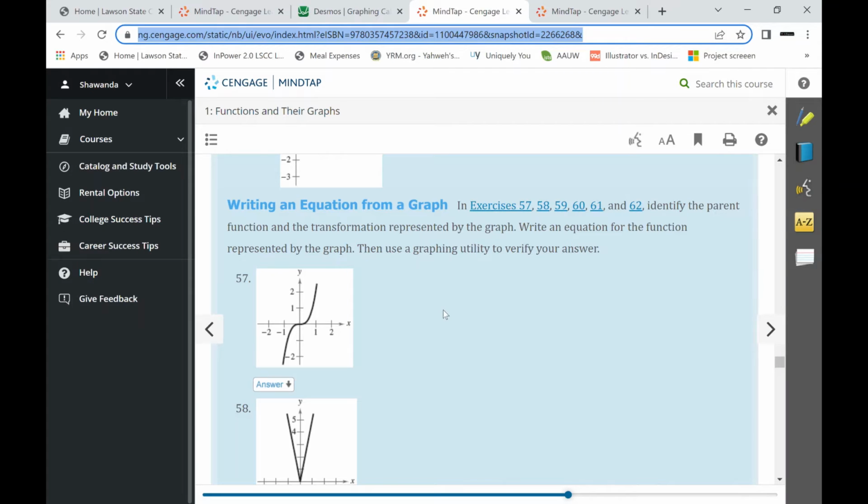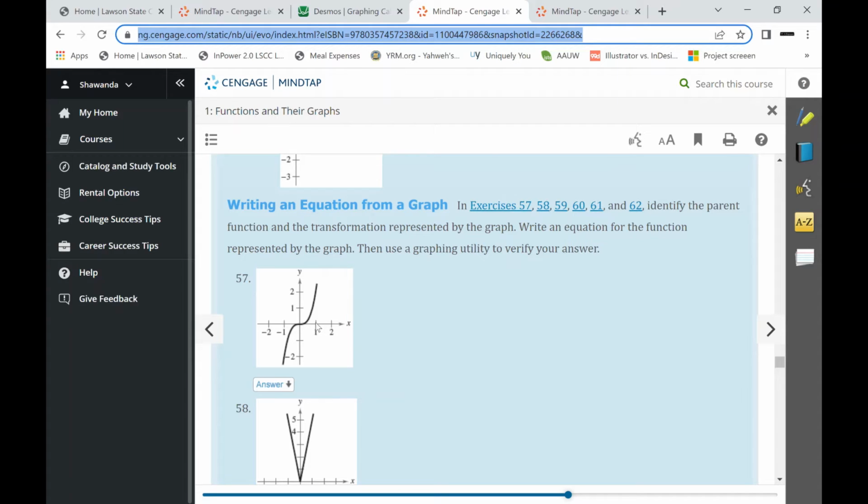We have writing an equation from a graph. Identify the parent function and the transformation represented by the graph. Number 57 is cubic, and it looks very similar to x cubed, but is the coefficient really 1? Not really sure, right?